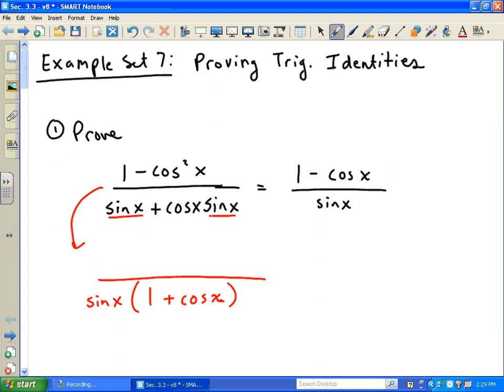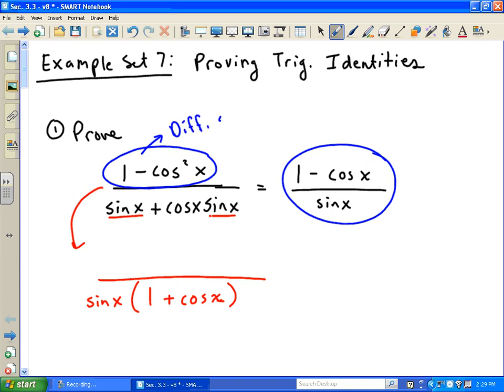If I look at what I want to end up with, this will actually help me with this particular kind of problem. The numerator is almost what I need. It's 1 minus cosine squared of x, and I want just 1 minus cosine of x. Well, the square can't just go away, but what's in the top is actually a difference of squares.